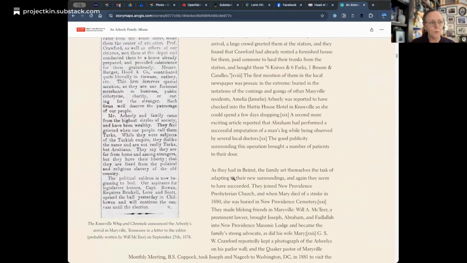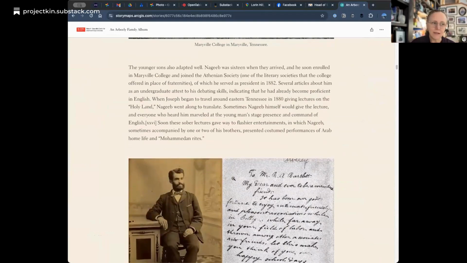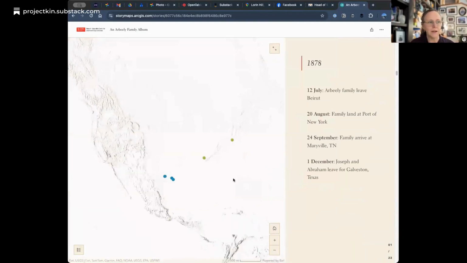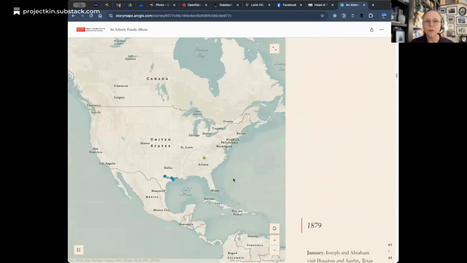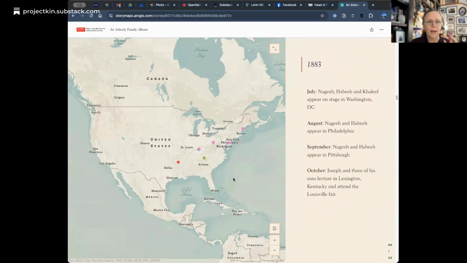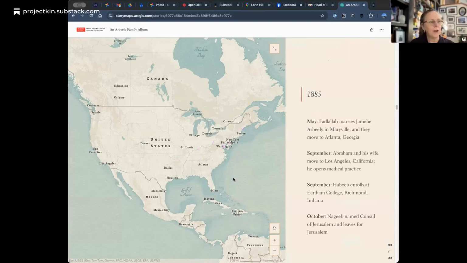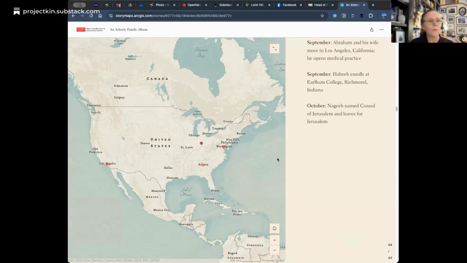As it turns out, they were Christians in Damascus coming to the United States, coming to America, trying to decide where they wanted to live. They traveled all around America deciding where to live. The secret turned out to be that the family was connected through a Quaker family. The Quaker family ended up in Richmond, at Earlham College in Richmond, Indiana.